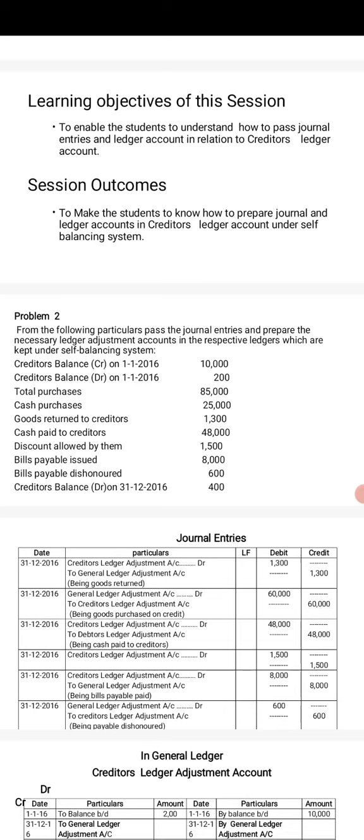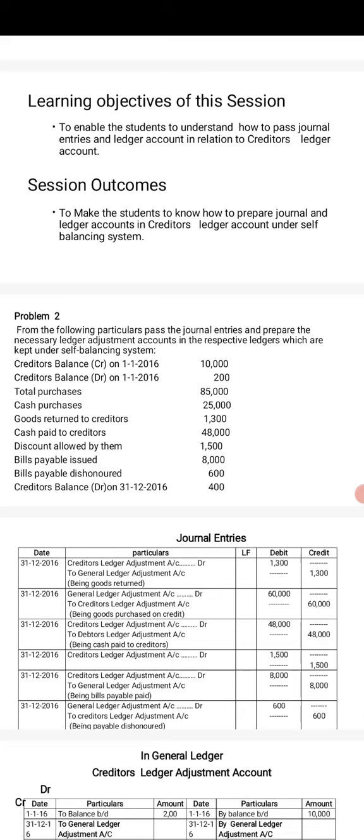We'll see first: credit balance on 1st January 2016. It means previous year credit balance of the creditors account, rupees 10,000. This is called the opening balance of the creditors. So you have to enter it on the credit side of the creditors account.